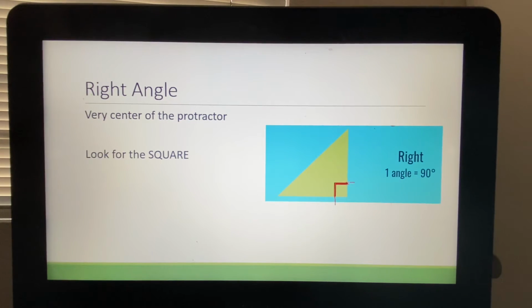This is an angle in itself. Now, whenever you see a triangle with these straight lines connected, looking like a square, that means that angle is a 90-degree angle. It will always be 90 degrees. Always, always, always. If you haven't written that down yet, I'd highly suggest it. Look for the square because it'll always be a right angle.